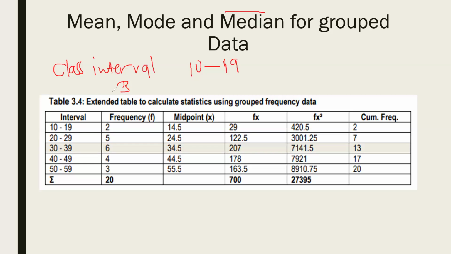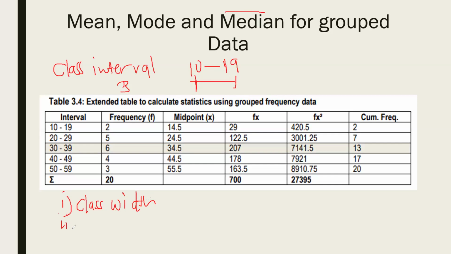One, it will have what is called the class width. The class width is the length of that class. It's the reason why we are saying 10 to 19; there's a width from 10 to 19. I'm going to show you how to calculate that class width.